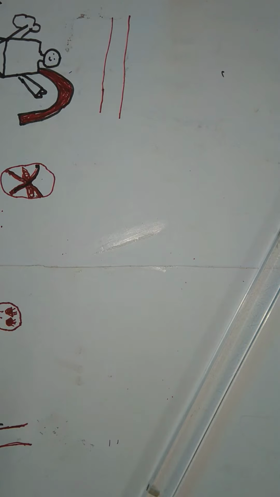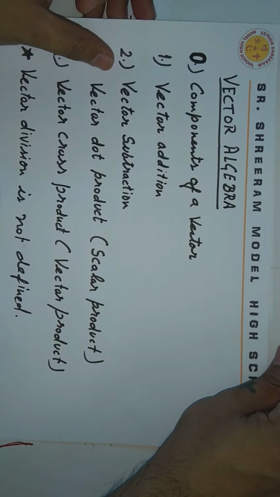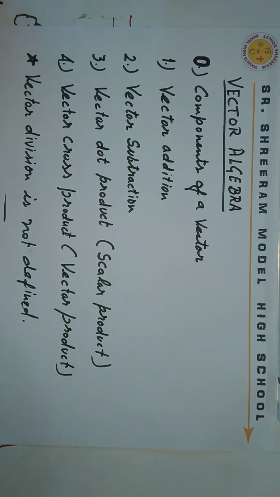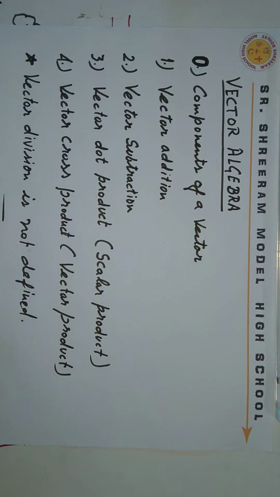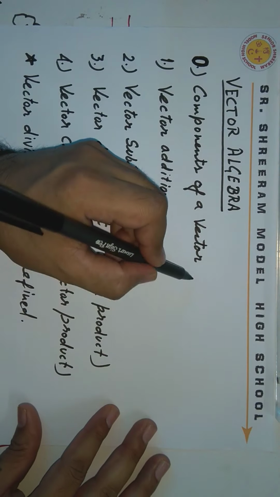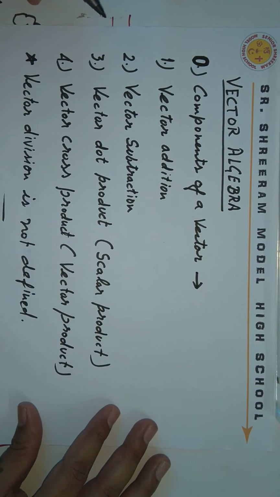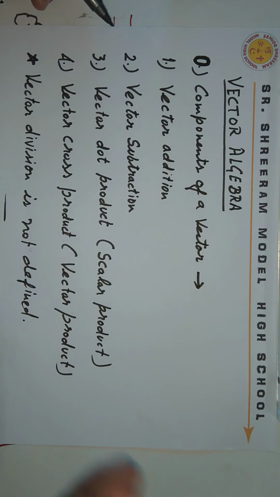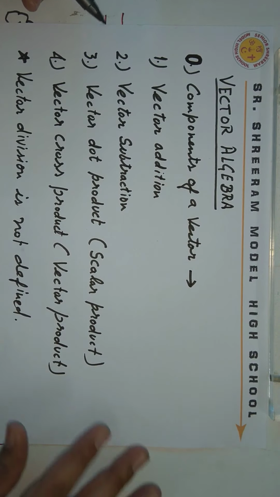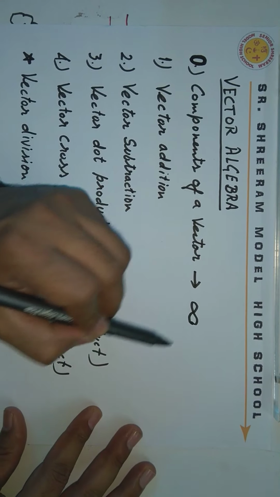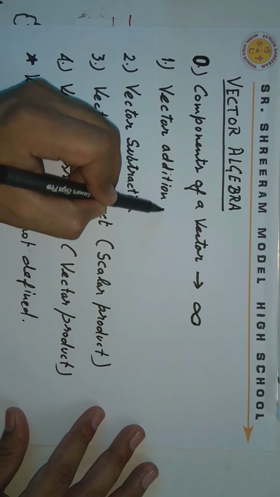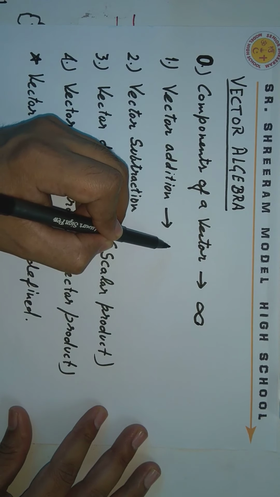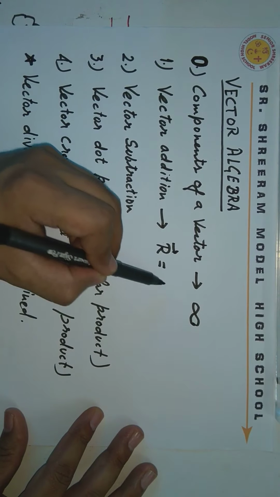Now we will discuss vector algebra. What is vector algebra? Vector algebra has a few parts. First of all, we discuss the zeroth part, components of a vector. A vector can have two or more components. Theoretically, a vector can have as many as infinity components. Second, we will discuss vector addition, how to add two vectors.